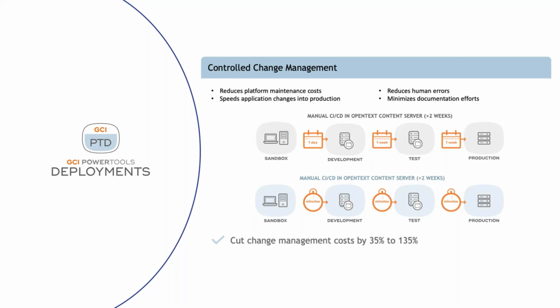Clearly, this reduces human errors as it can be all automated. It will speed your application changes, getting them into production faster, and it minimizes your documentation effort, where before you'd have to type up pages and pages of changes. It's basically doing screenshots and explaining what needs to be done.